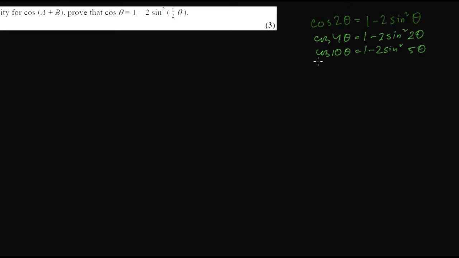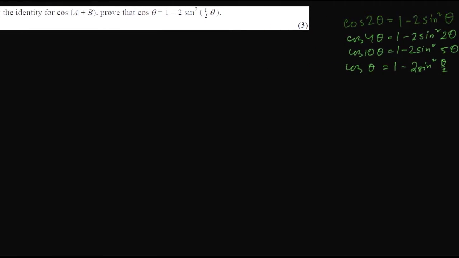On the other hand, if I write cos theta, 1 minus 2 sine squared half of theta is half theta, or theta by 2. So that's exactly what's been asked here. You have to prove cos theta is this. This is nothing but the double angle half angle rule that we have already done and hopefully has been memorized.